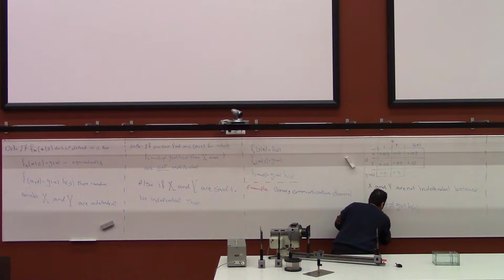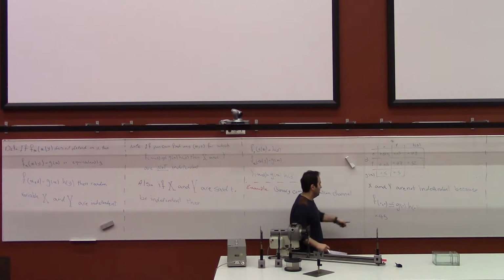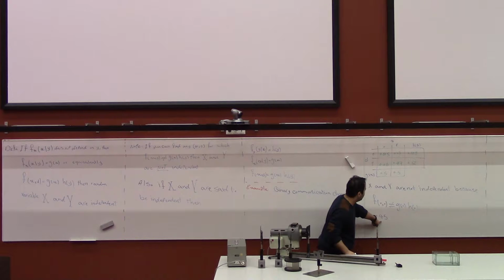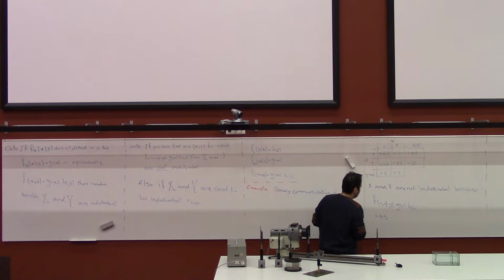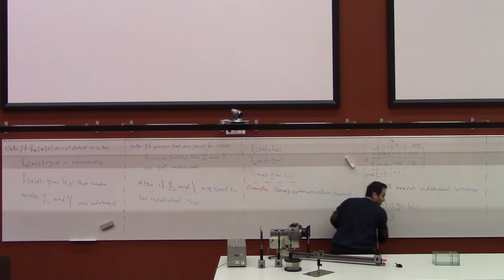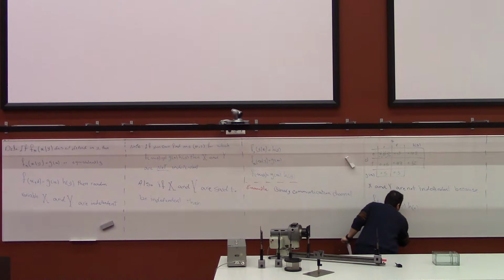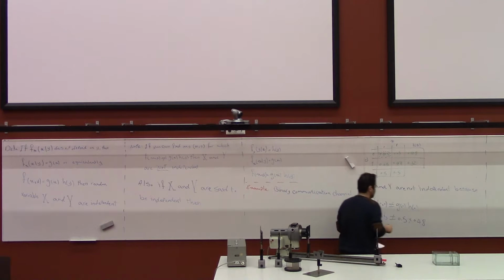We have 0.45 for f(0, 0), and for g(x) and h(y) we have 0.5 for g(x) multiplied by 0.48.